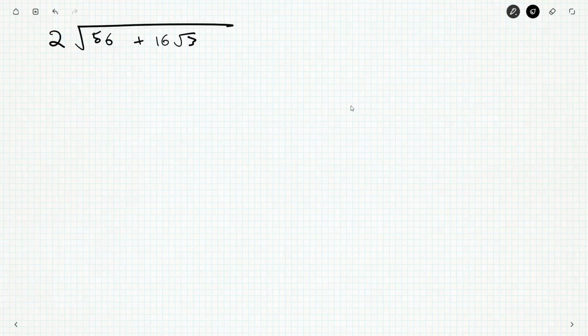Well, let's move on to the next page. So, now if I want this to look like a plus b root 3. More specifically, I want this to be 8 over here. Is that the case?